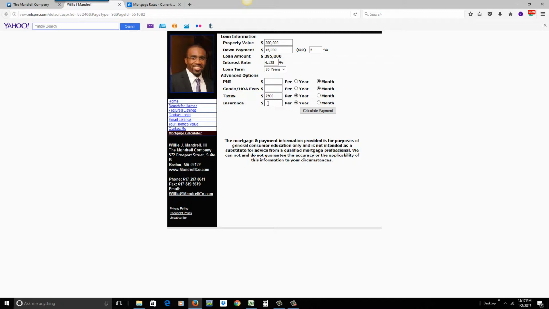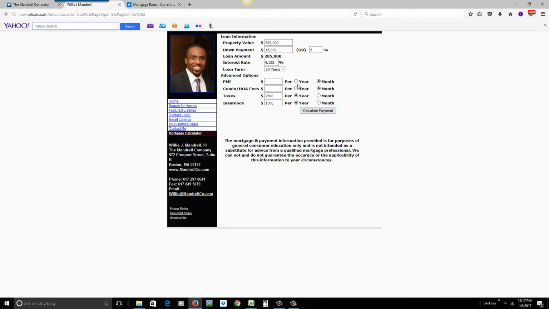Rule of thumb, and again, this is not a hard and fast number, but just to give you a general idea, in Massachusetts, I usually use about 0.5% of the home value. In this case we're purchasing at 300,000. 1% would be 3,000, so half of that is $1,500 for my home insurance.